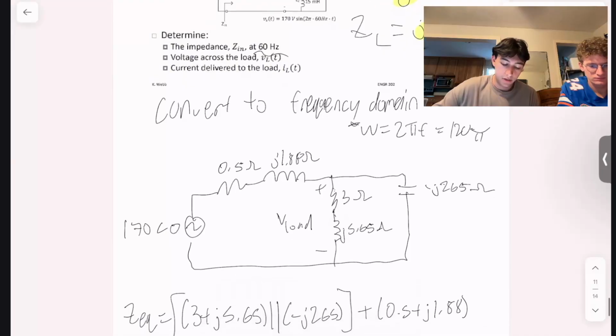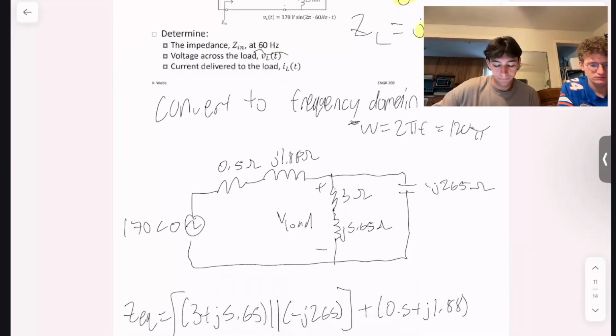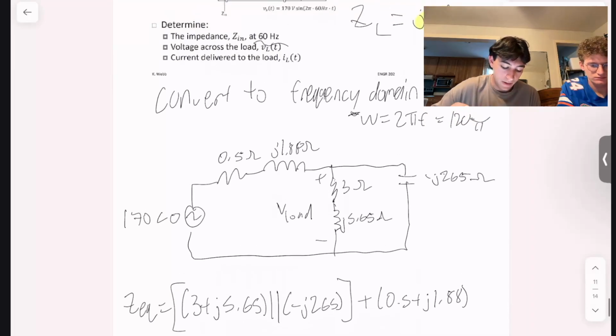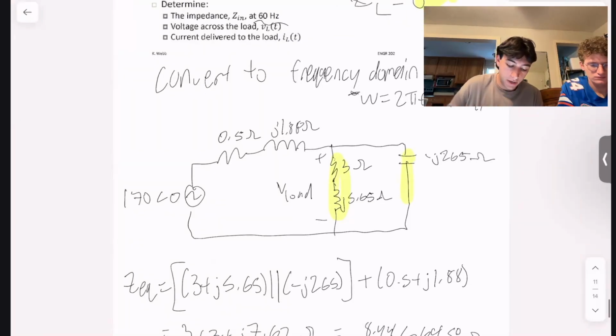After this it becomes a simple voltage division problem. This is like week 1 stuff. So you can find your equivalent impedance. It's going to be this right here in series in parallel with the capacitor. So you have that plus your line here.